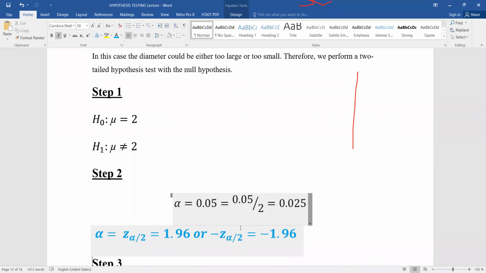Calculate the Z computed by getting X bar minus mu over sigma over root of n.